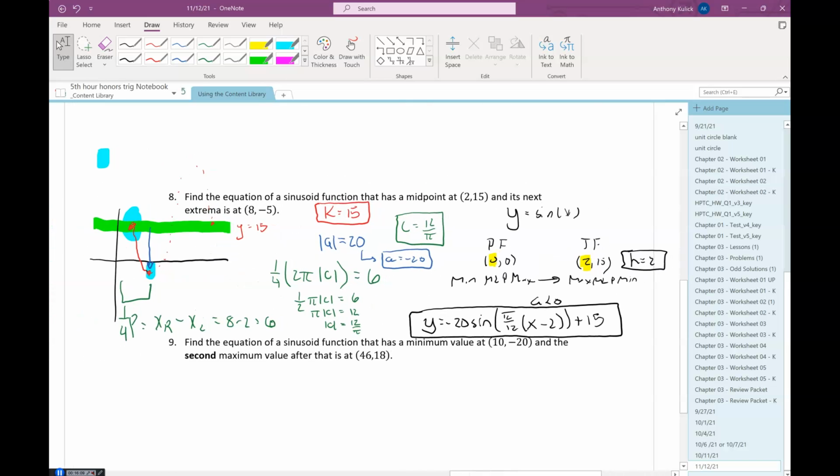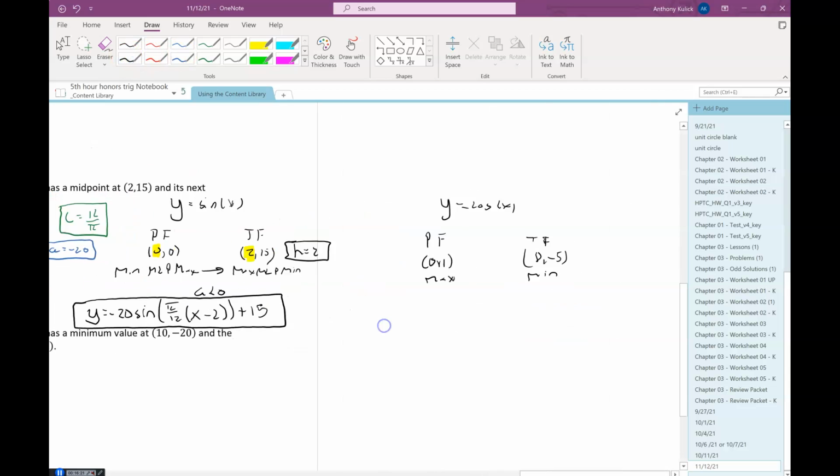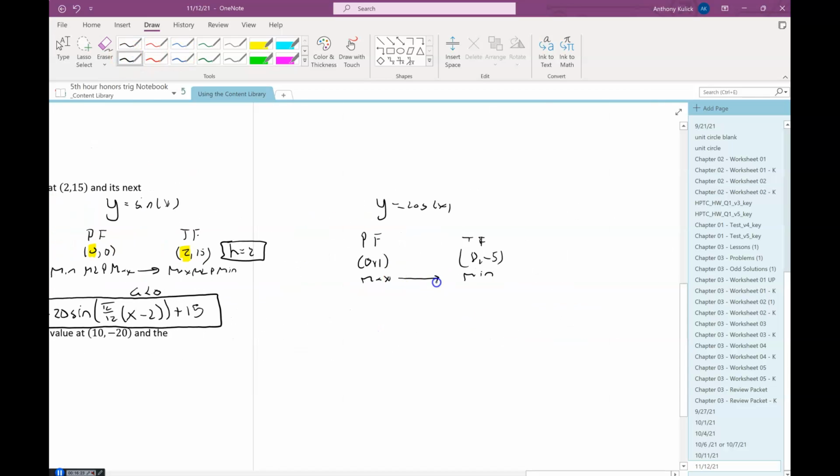Any extreme point. The extreme point I know is (8, -5), and I know that's a minimum from my picture. So that tells me that the a is negative, and that my h is 8.